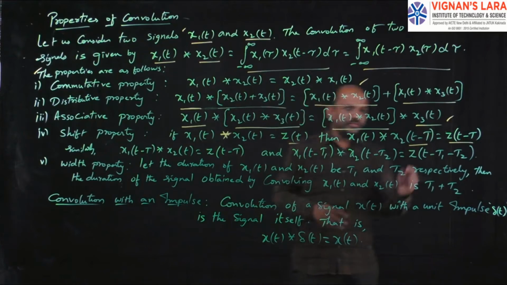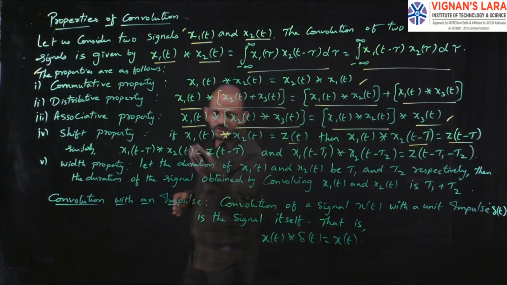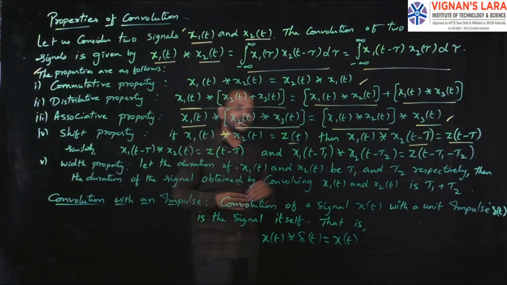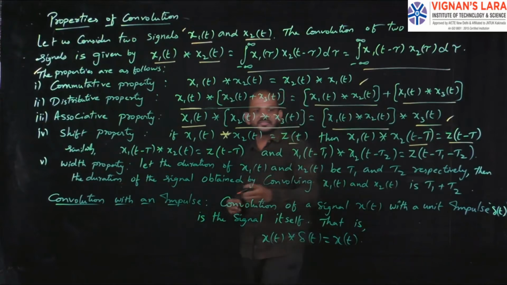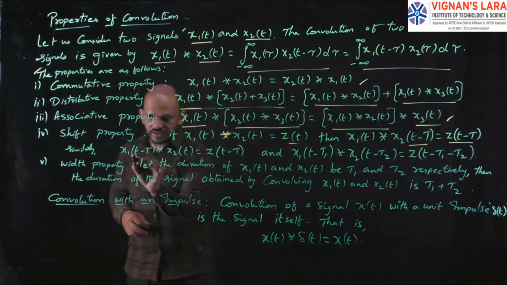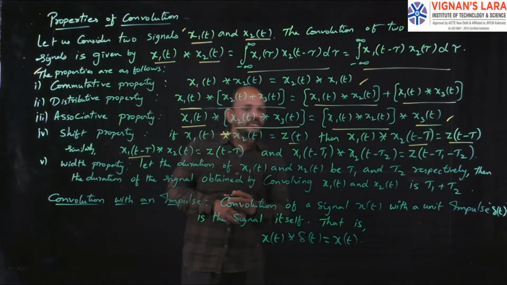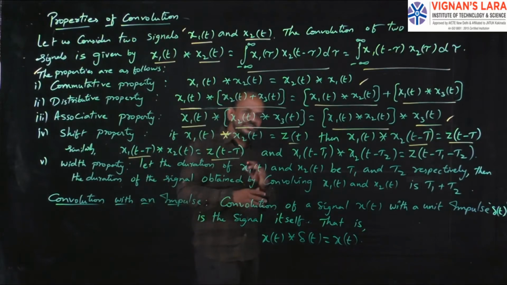So if there is a shift either in the first signal or in the second signal by an amount of capital T seconds, the same shift will occur at the output, that is z(t) will also be delayed by the same T seconds, z(t − T). So if there is a shifted version in x1(t), then the output is also shifted by the same delay.